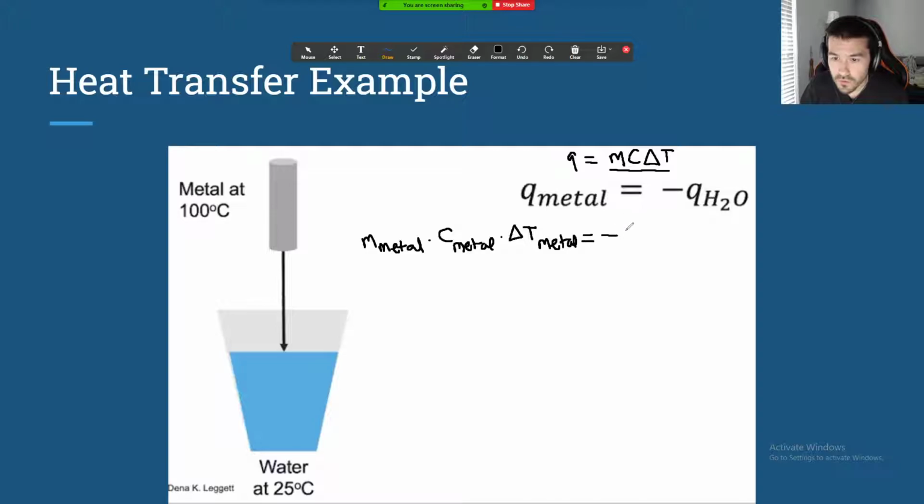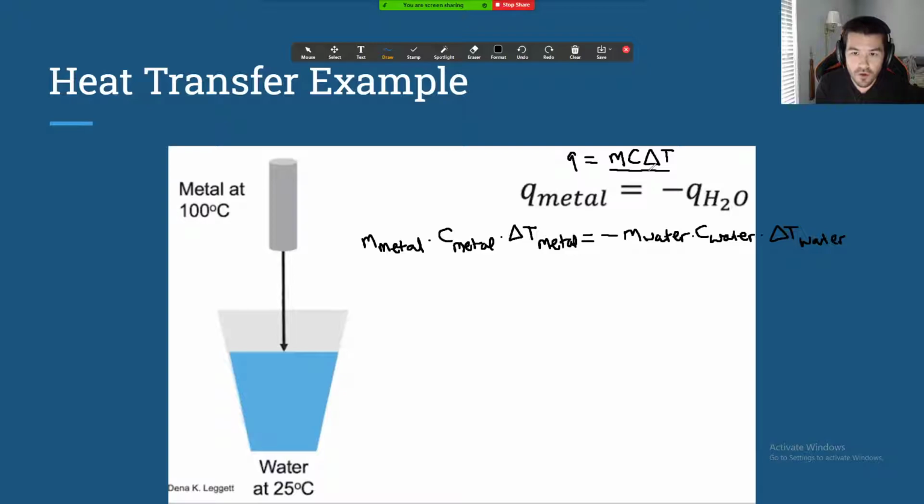So we'd have the mass of the water times the heat capacity for the water times the change in temperature of the water.